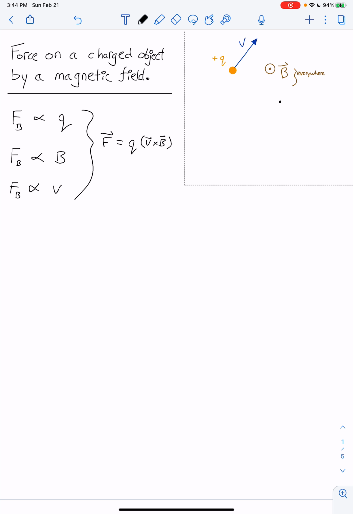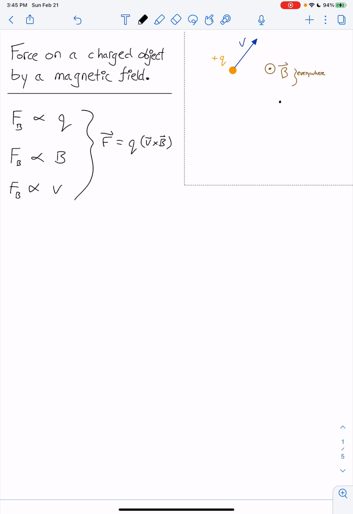There's a couple of things we want to tease out of this equation. The cross product, first of all, means that the result is a vector that is perpendicular to both of these vectors. If we look at our example where we've got the plus Q here on the top right, and we have a velocity in that direction, and a magnetic field that is out of the page, we can apply the right-hand rule.